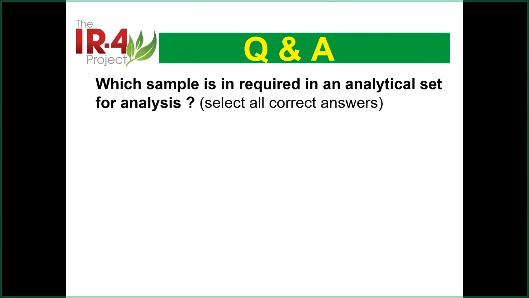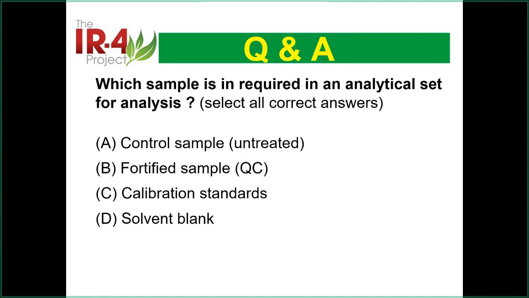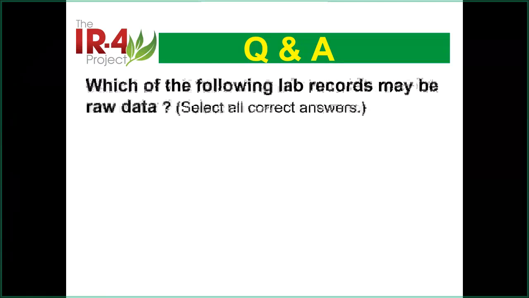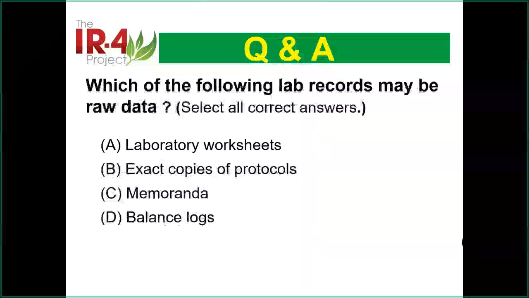So what's the requirement for a set of samples? For example, you have all kinds of samples: control samples, spike samples, calibration standards, solvent blank, field treated samples, or some other ones where you may have different requirements. And what is the raw data? For example, which one is the raw data?